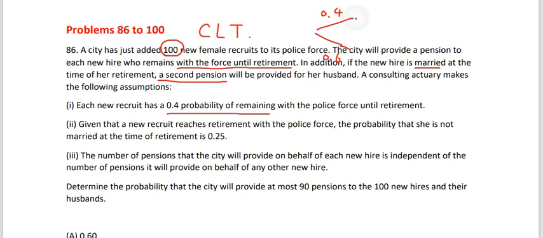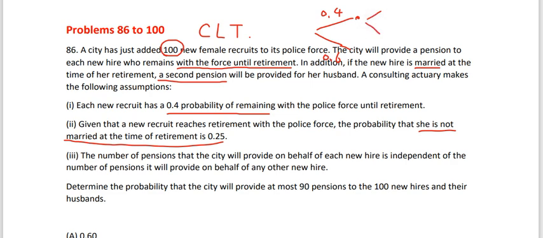For those remaining, we split into two parts: married and not married.